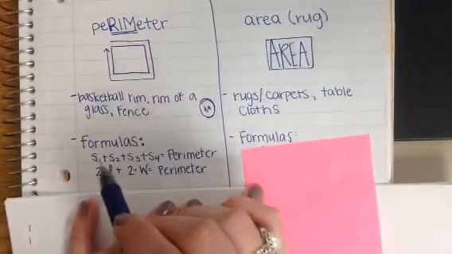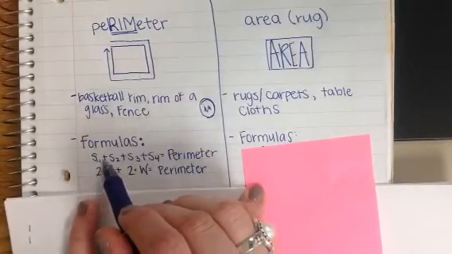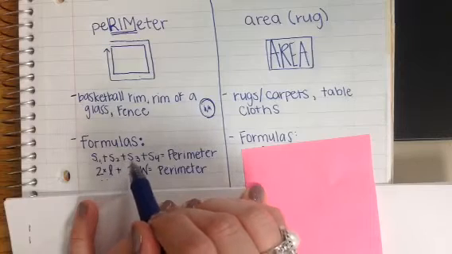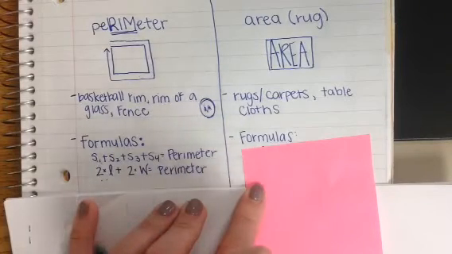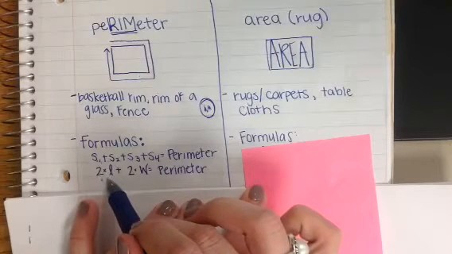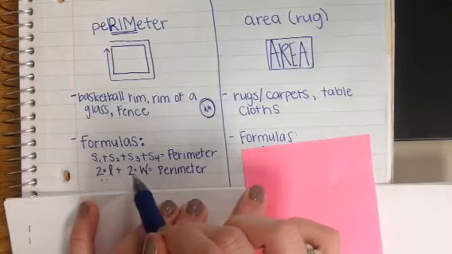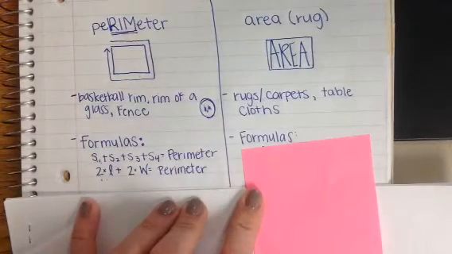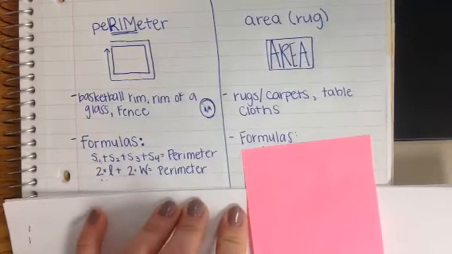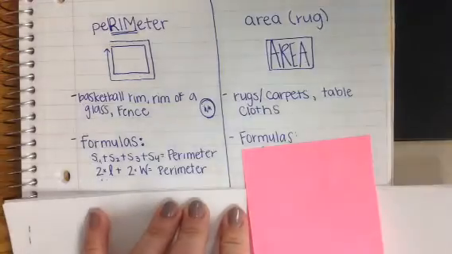So again, our formulas for perimeter are side 1 plus side 2 plus side 3 plus side 4 equals perimeter, or 2 times the length plus 2 times the width equals perimeter. Get that copied down and press play when you're ready to begin again.